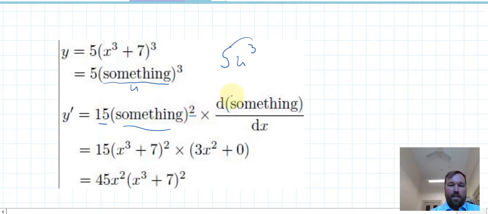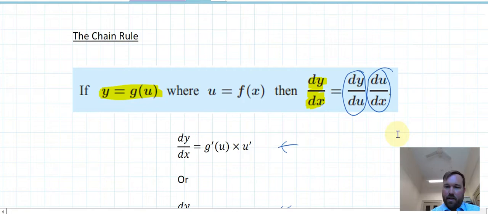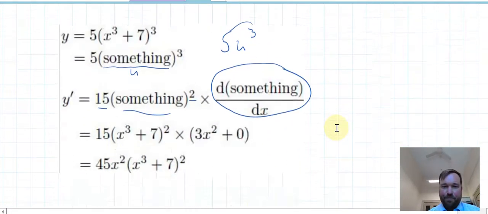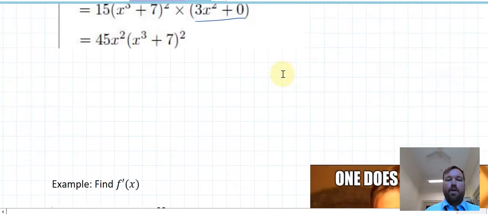So that's 15 something squared, then multiplied by the derivative of the inner function. That derivative there is this one here. So the derivative of the inner function is 3x squared plus 7, it was plus 7, now it's plus 0, and then we combine to get the final result. This saves you expanding and simplifying and makes it nice and quick.